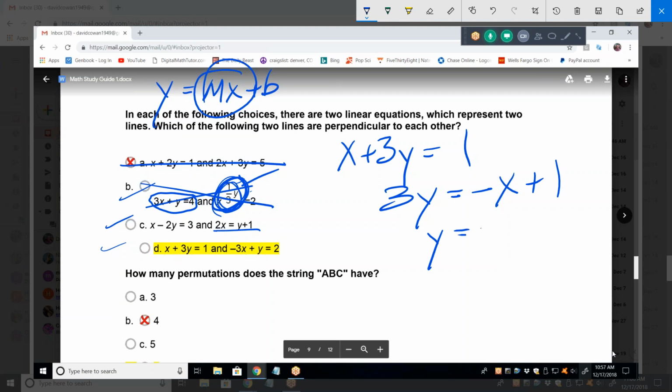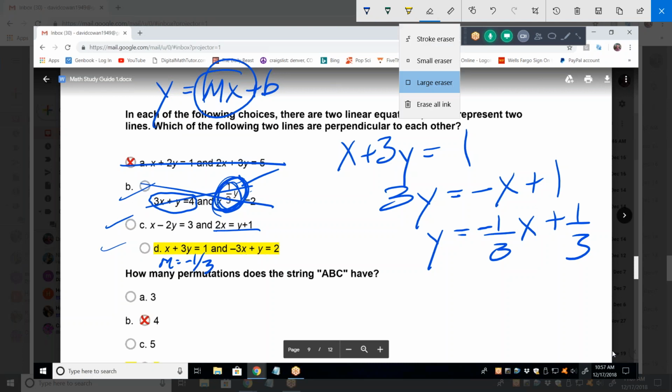Well, that's going to come out to be minus 1/3 x plus 1/3. I'm doing a couple of steps at the same time there. Okay, so its slope is what? Negative 1/3.